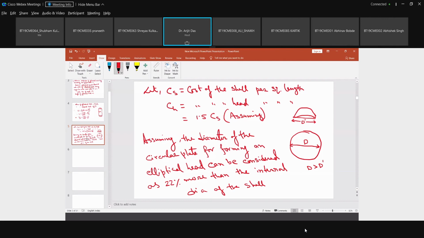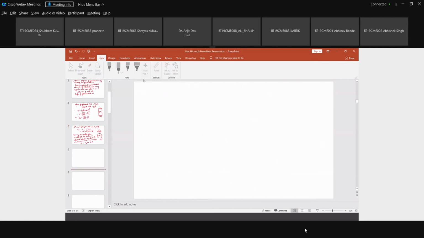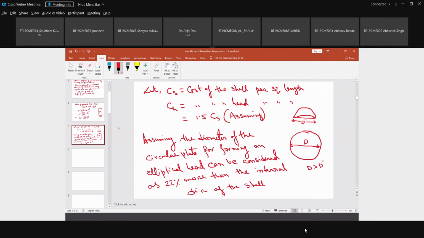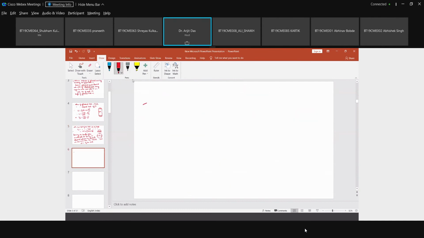Now you get the expression for the total cost of vessel fabrication, total cost CT.